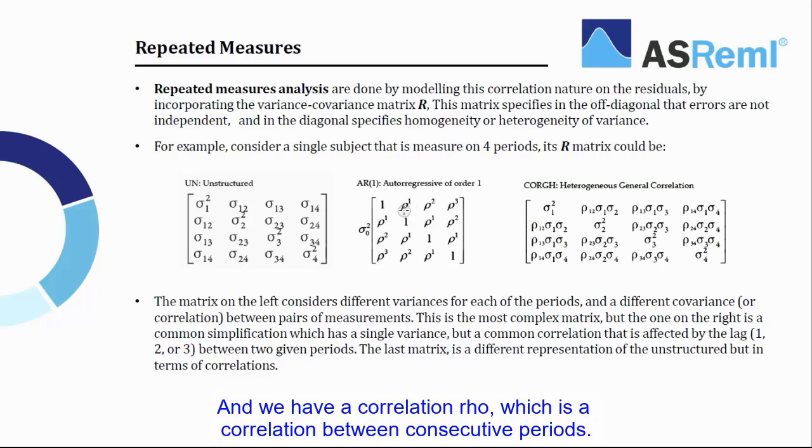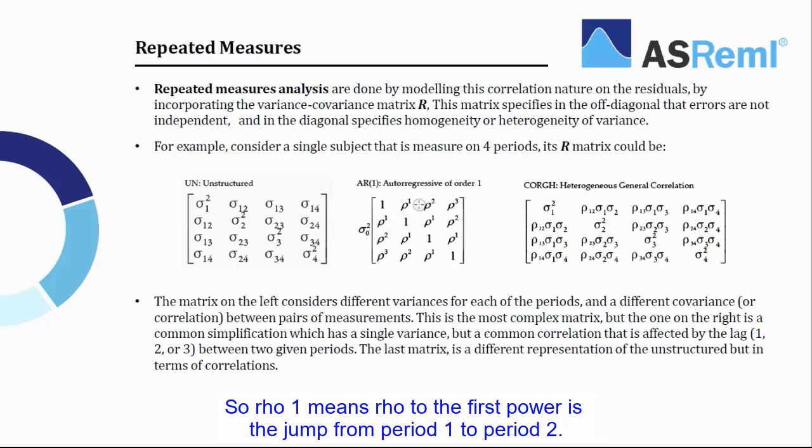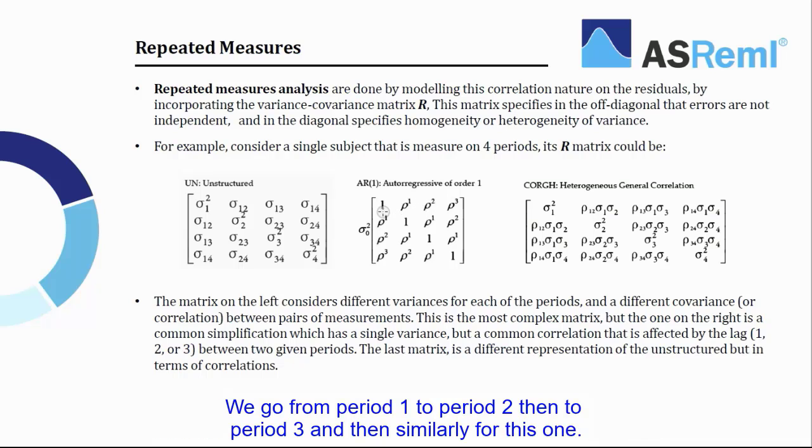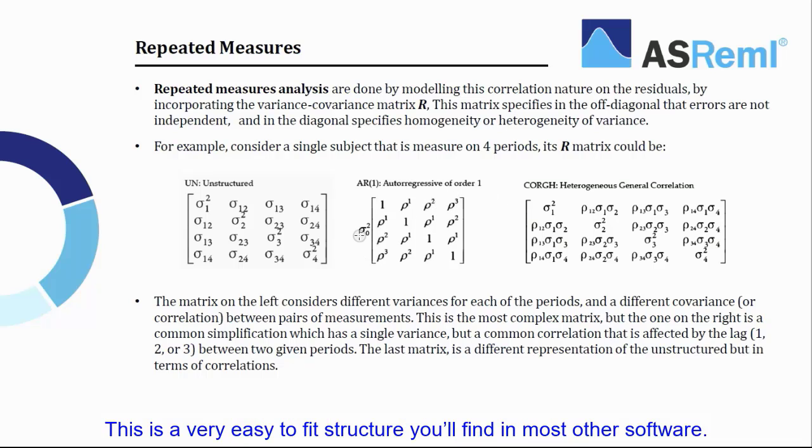And we have a correlation, rho, which is the correlation between consecutive periods. So rho to the first power is the jump from period 1 to period 2. Now here it is rho squared because there are 2 periods. We go from period 1 to period 2, then to period 3, and then similarly for this one. This is a very easy to fit structure. You'll find it in most of the software.